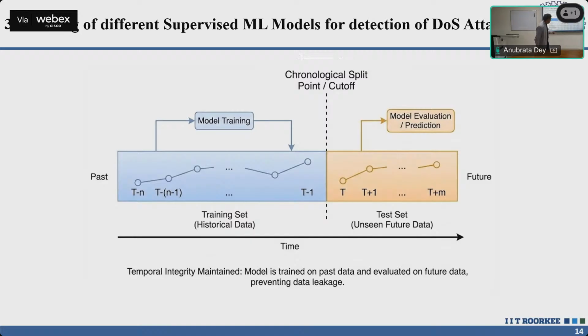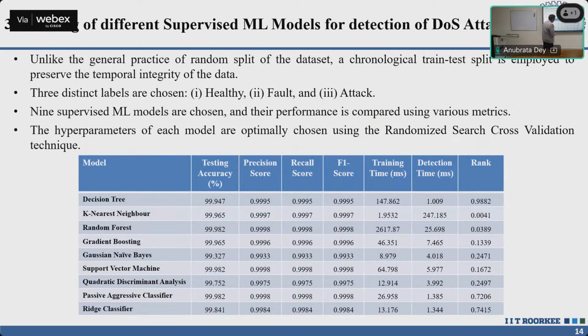That we have discussed. And then once we do that, you can do the training, and let's say, starting from the second column to the second last column, you can have the score, the training time, detection time, and all, right, that you can calculate.